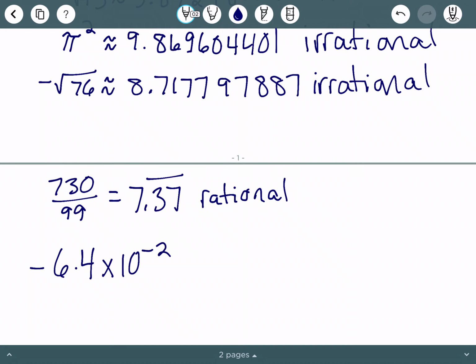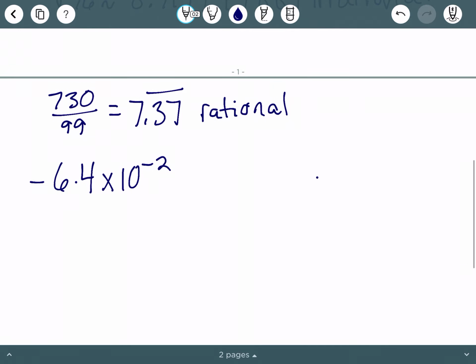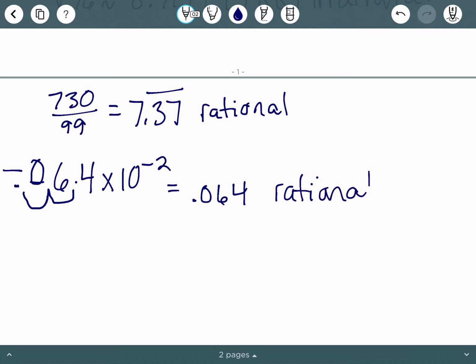If we convert this really quick to standard notation, that means we move that decimal 2 places over, put a 0 in that valley, so the decimal equivalent here is 0.064, and that number does terminate, so it ends after the 4 right here. It does not go on forever, so this is a rational number. All right, now that is part B.